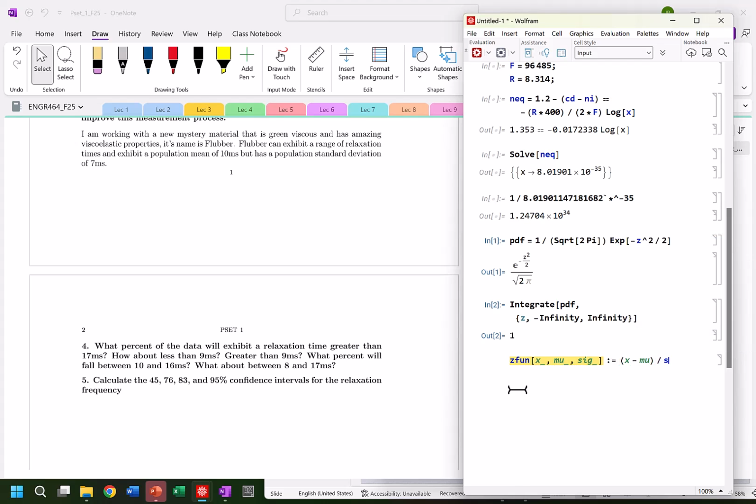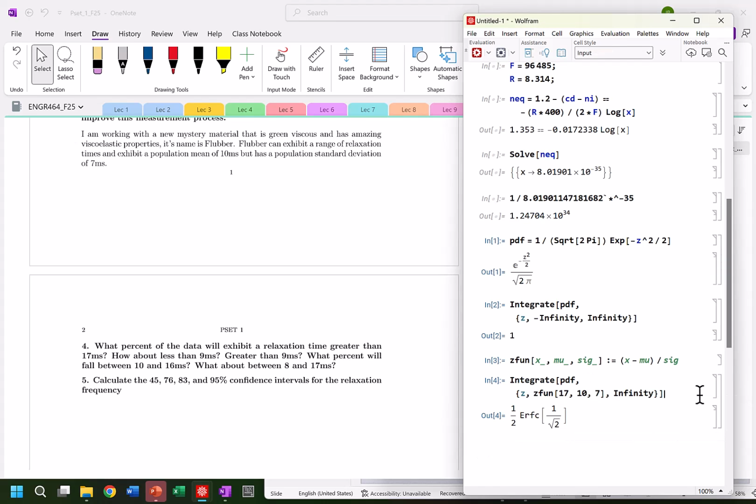All right, so I have some amazing activity, population mean of 10 milliseconds, standard deviation of 7. What percent of the data will exhibit a relaxation time greater than 17 milliseconds? So I need to integrate my PDF from the z function of 17, with mu of 10 and standard deviation of 7, to infinity.